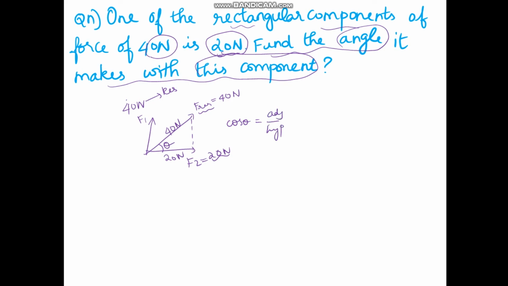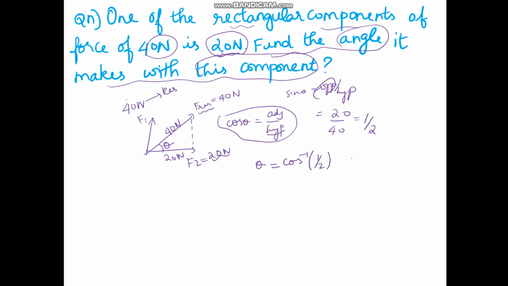We are not using sin theta because it is opposite by hypotenuse and we don't know the opposite side. So cos theta is 20 by 40, which is 1 by 2. So theta is equal to cos inverse of 1 by 2, which is 60 degrees.